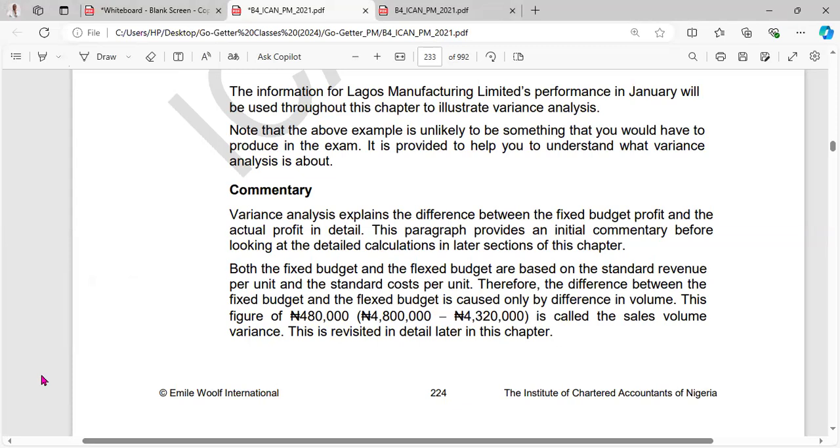If you look at it now, how many did you sell? You sold 900 as against 1,000.